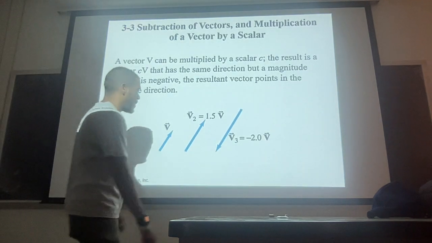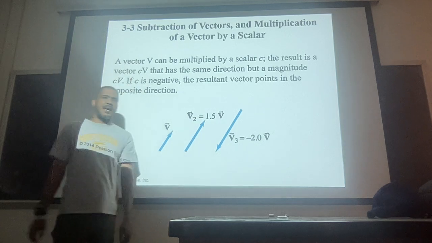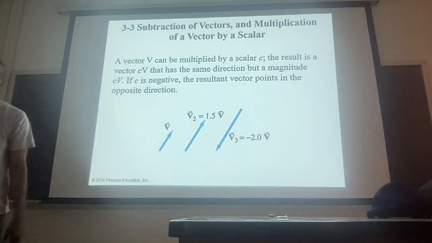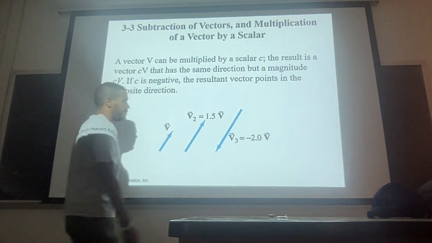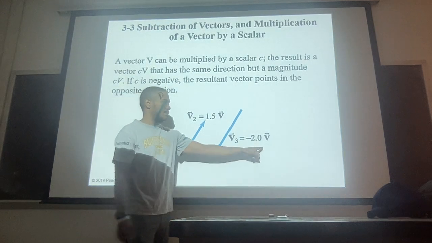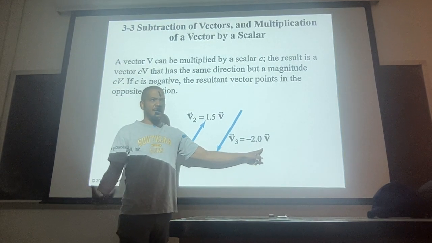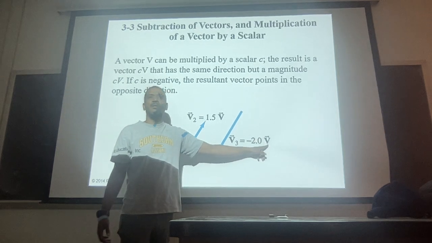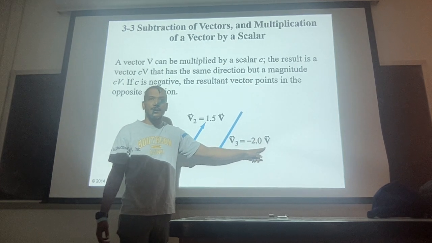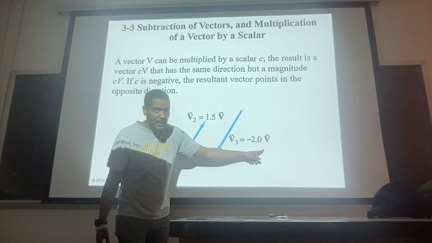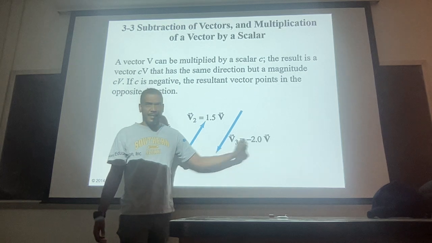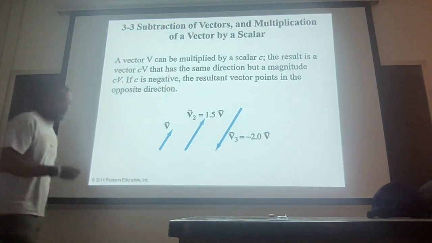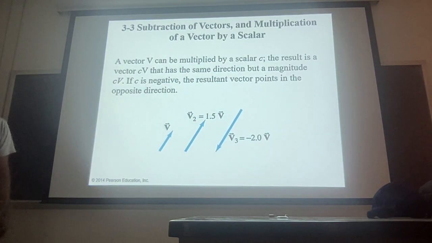So V2 is 1.5 times bigger than V. That's what that means. And V3 is what? So what does it mean? It's 2.5 times bigger than V. And what else? It's in the opposite direction. Okay?